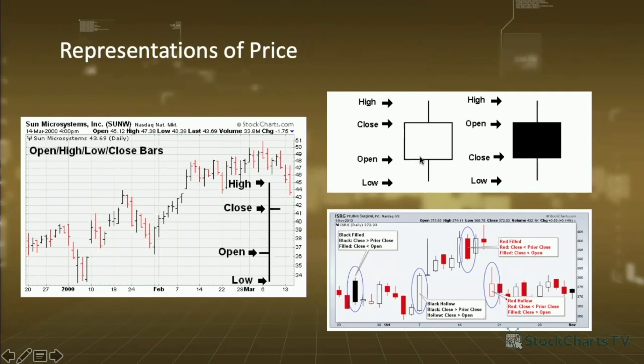The difference between whether it's black, red, hollow, and all of that, I've put that on here. It's basically a matter of where the close is relative to the prior close, where the close is relative to the open, and that sort of thing. I don't want to get into it because I have so much more to cover, but you can find all of this in chart school. And I mean, all of this. I actually just took these charts right out of chart school.